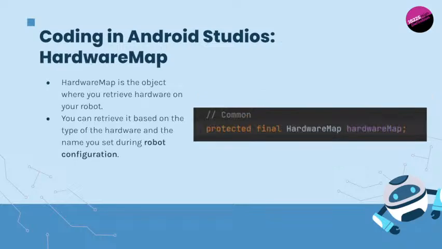Okay, so the hardware map is also a really important thing. The hardware map is a built-in object where you get hardware from your robot, and you access it using the name of the hardware that you set up in the configuration, during robot configuration.